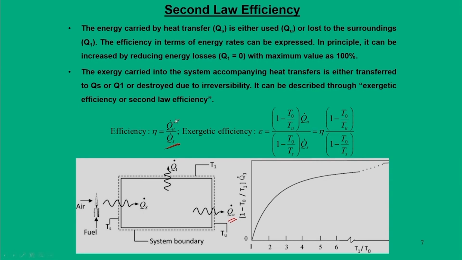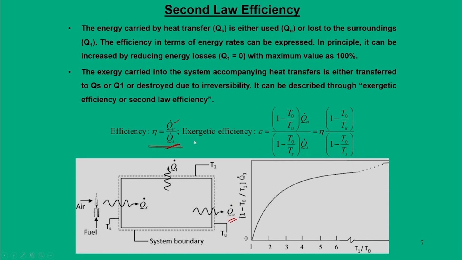So, that is Qu by Qs. For this closed system, of course, there is no work transfer here, so we can say the efficiency calculation is this. Okay.